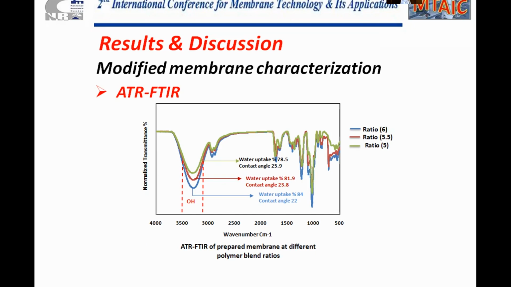This figure represents the FTIR analysis of the prepared membrane at different polymer plane ratios. As we see, the peak intensity of the hydroxide group increases with increasing polymer plane ratio. The hydroxide group is responsible for the membrane hydrophilicity.